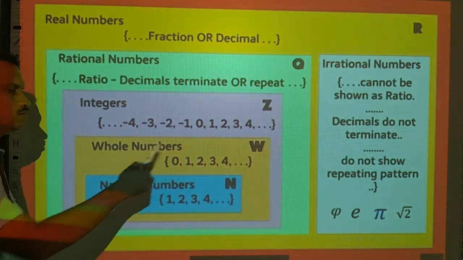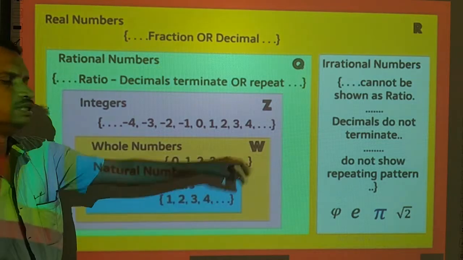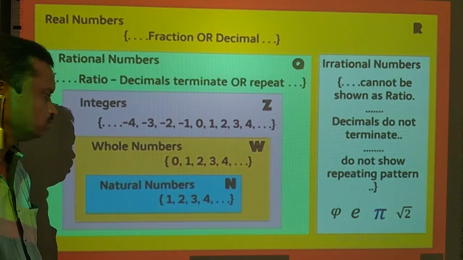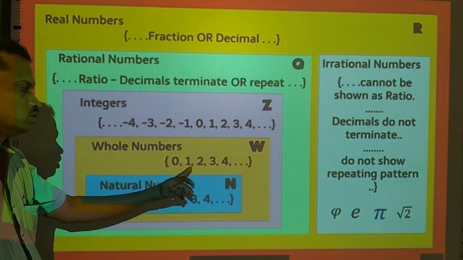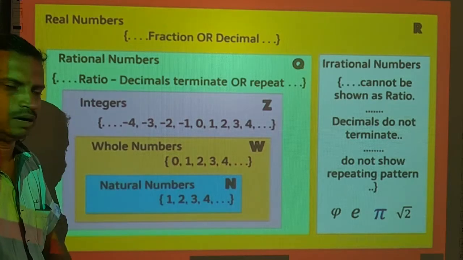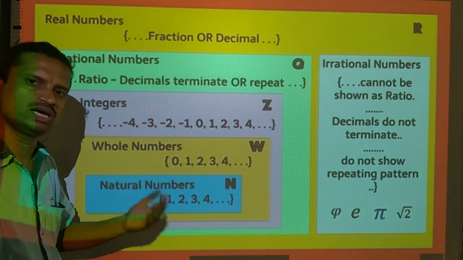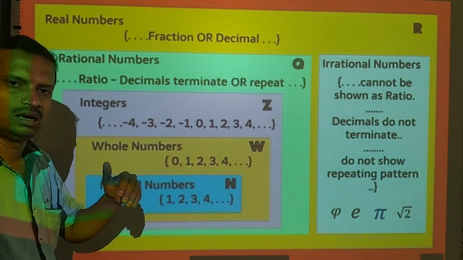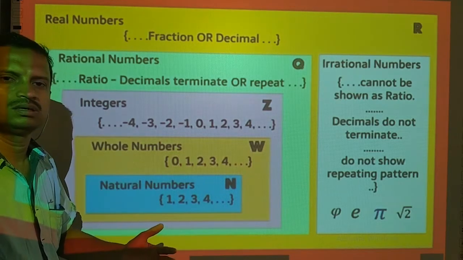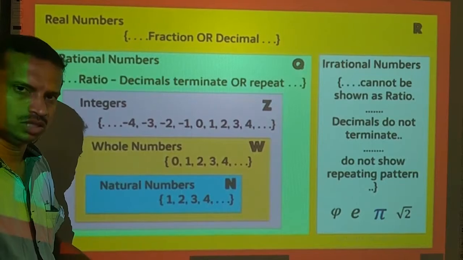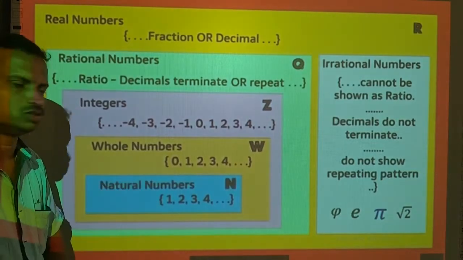And whole numbers are denoted by capital W. Natural numbers are from 1, 2, 3, but whole numbers start from 0. Therefore, natural numbers with 0 are whole numbers.